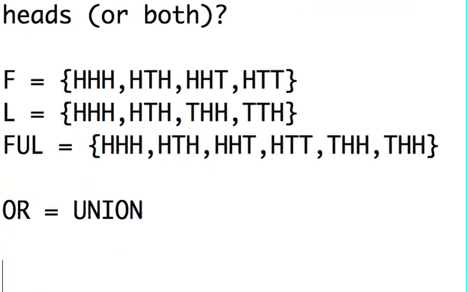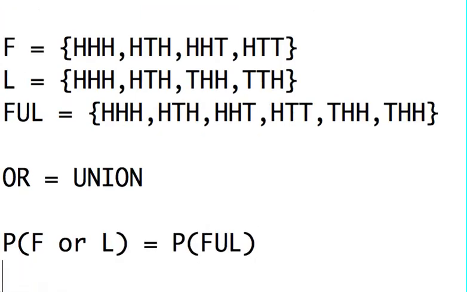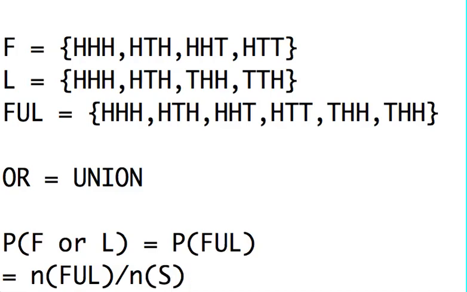So altogether, the probability of F or L, first or last, is the probability of F union L, which is the number of ways that F union L happens divided by the total things in our sample space. We've got 1, 2, 3, 4, 5, 6. 6 divided by 8 gives us 3/4.